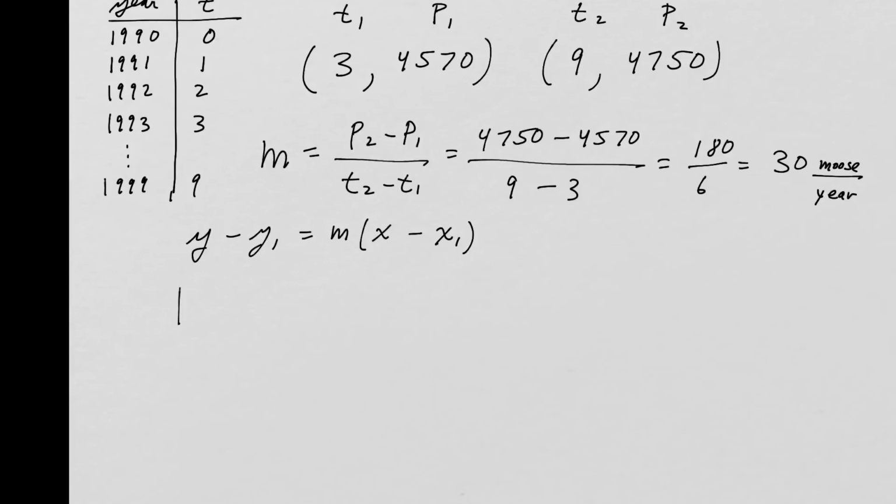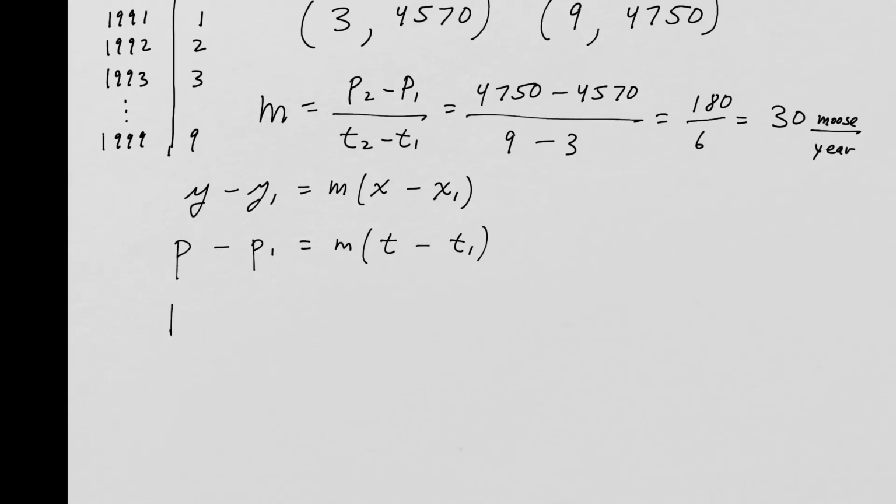So really, this is like P minus P1 equals m times T minus T1. Okay, so if I fill in here, I have P minus population 1, I can use either point, but I'll just use the first one. So this is 4570, is m, which is 30, and then T minus T1, but that was just 3.